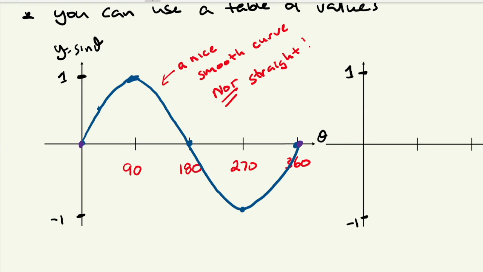So if I sent my point from 0 all the way around to 360, this is what it looks like as a graph. And that pattern can repeat again for the next 360 degrees. It can repeat backwards as well. And it can just keep going, just like sound waves.